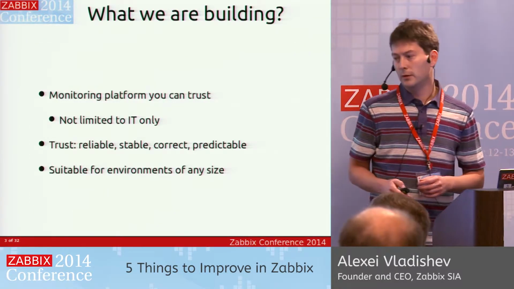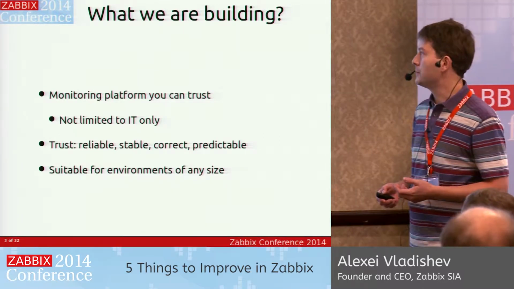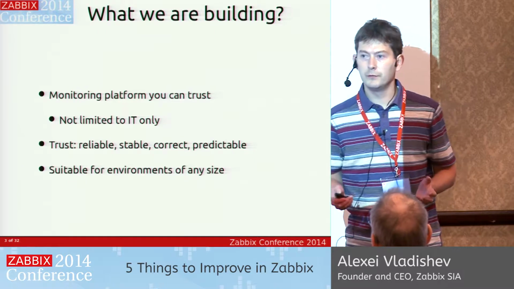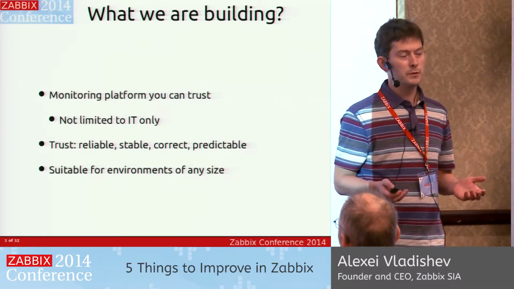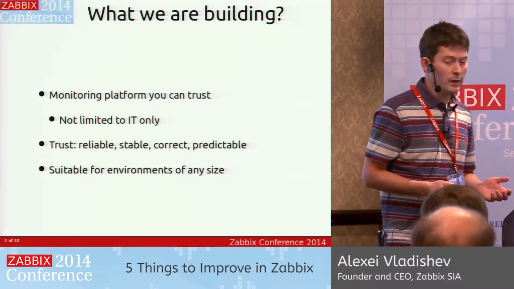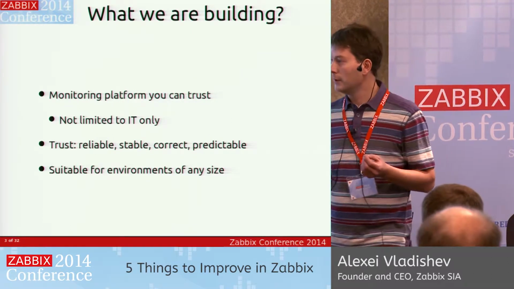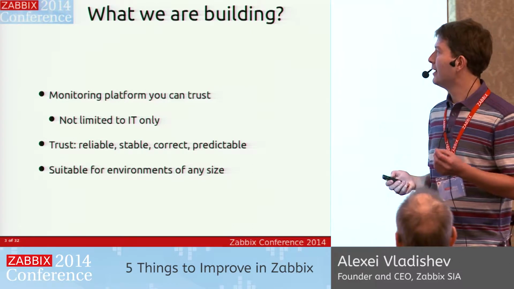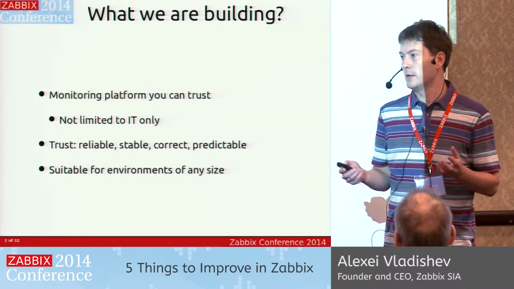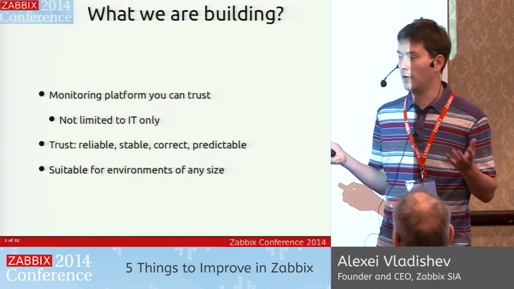But first, let me remind you how I see what we are building. I guess we are building a platform we can trust. So Zabbix needs to be a monitoring system that we can trust, and a monitoring system which is not limited to IT monitoring. Because what is Zabbix? Zabbix is kind of a brain, how a brain operates.